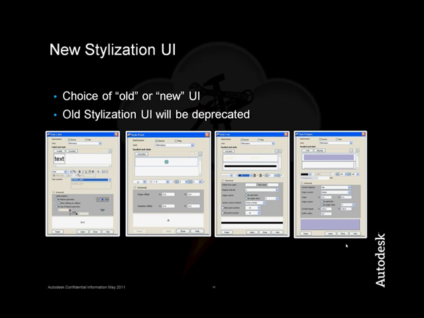Conversely, you cannot edit standard styles when enhanced styles are in effect. Standard styling is provided currently for those who need 100% compatibility with existing applications or workflows. But you are encouraged to use the new stylization UI, as the old one may not be available in future versions.